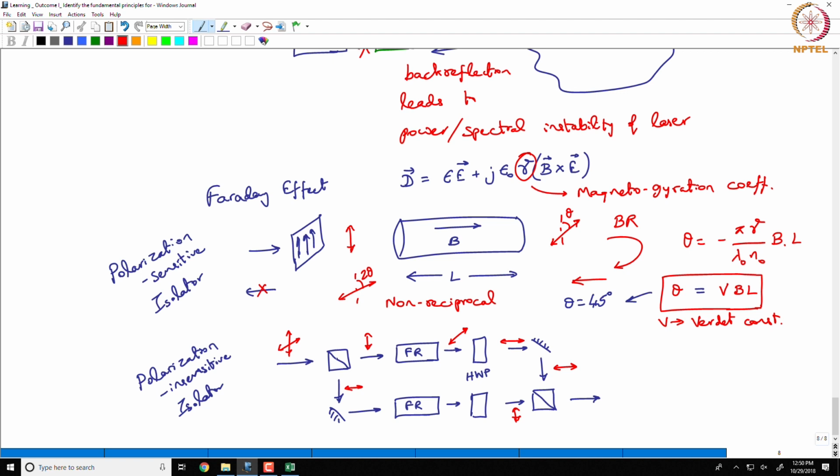At 90 degrees this polarization beam splitter will reflect, because the beam splitter is such that it reflects horizontal polarization. So, when coming back it would have been 90 degrees and that would have been reflected over there. Okay. So, it is not going back to the source.